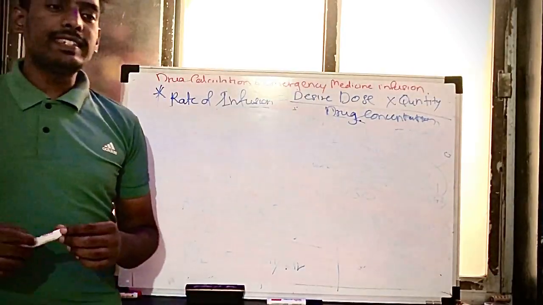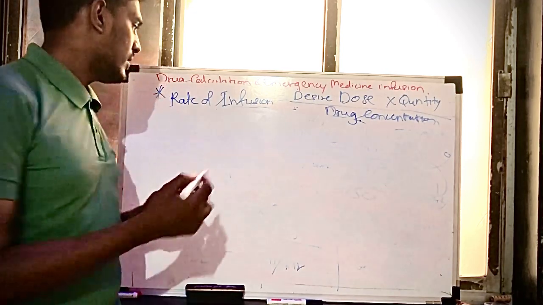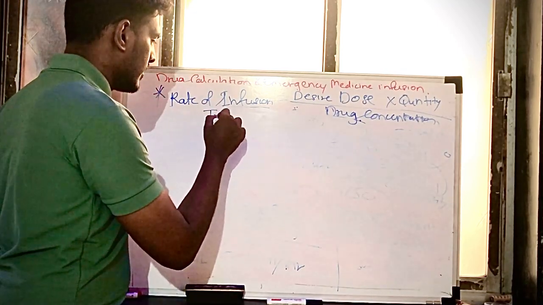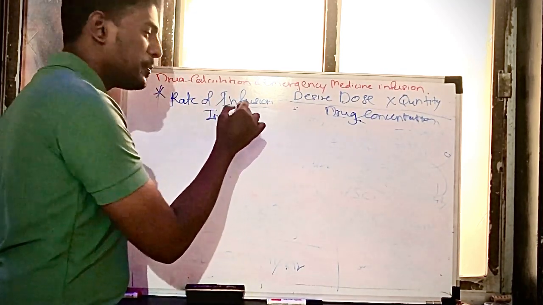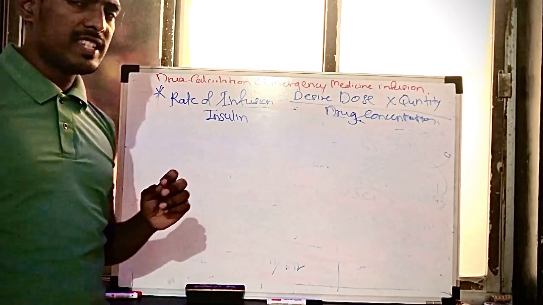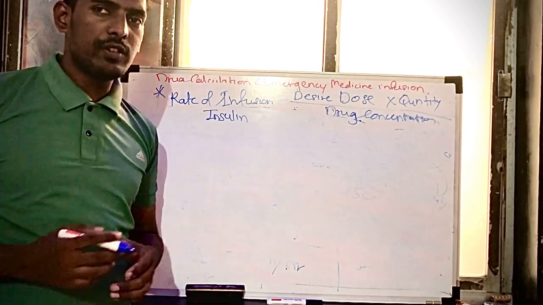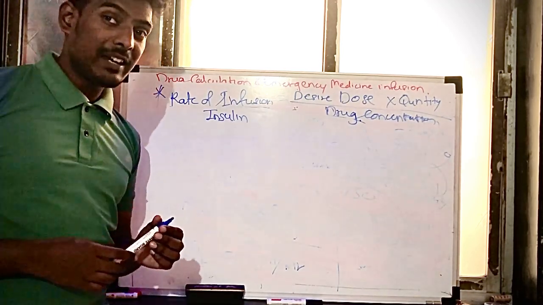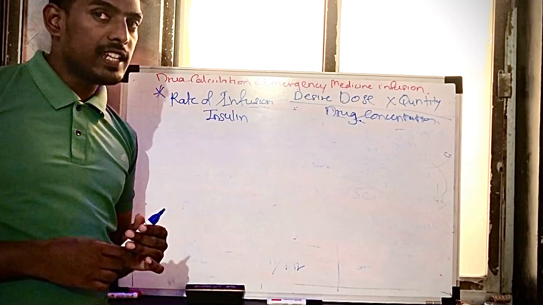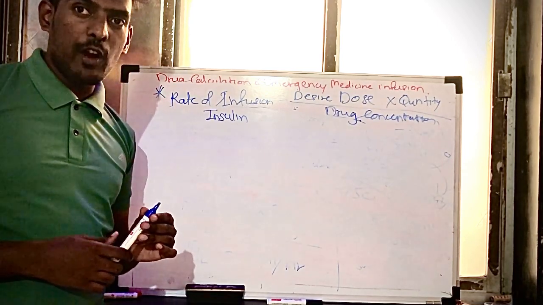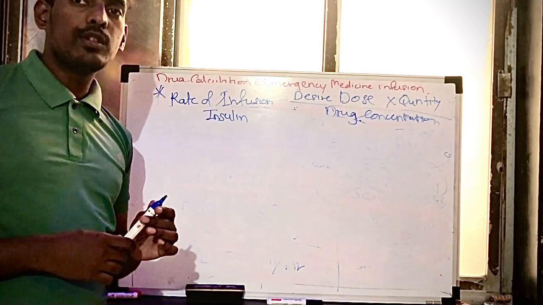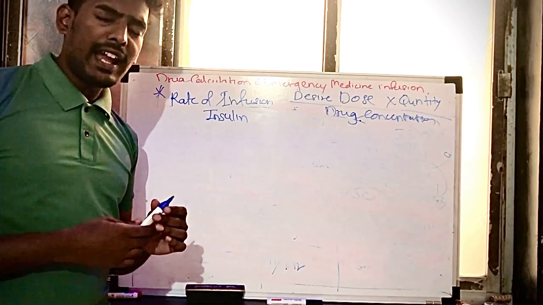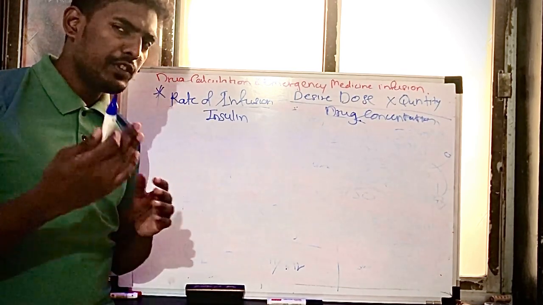Okay, next we will see about insulin. Mainly we give insulin by insulin syringe, 4 units, 6 units, 3 units, 2 units as per the order. But sometimes the sugar level is very high, and at that time we have to follow different algorithms, algorithm 1, algorithm 2, and keep a continuous infusion of insulin.